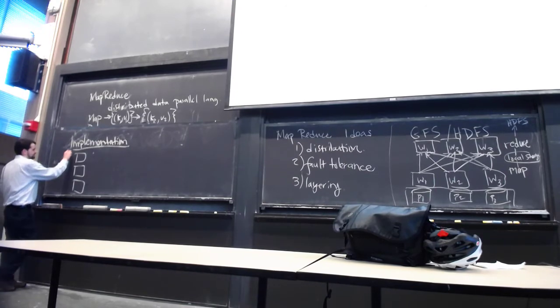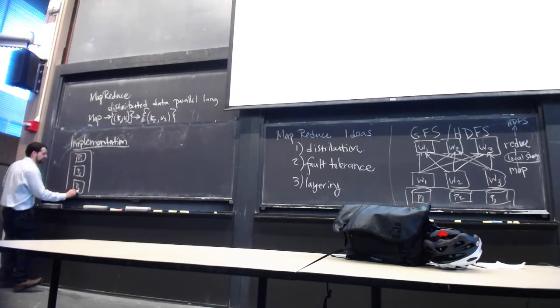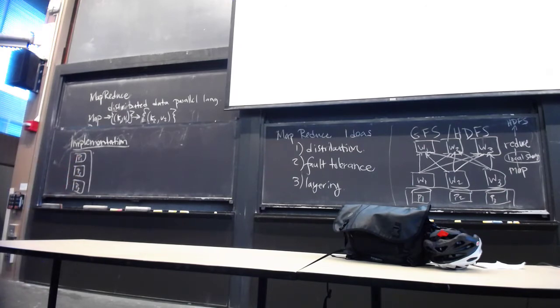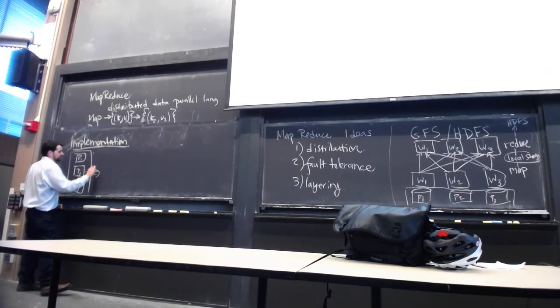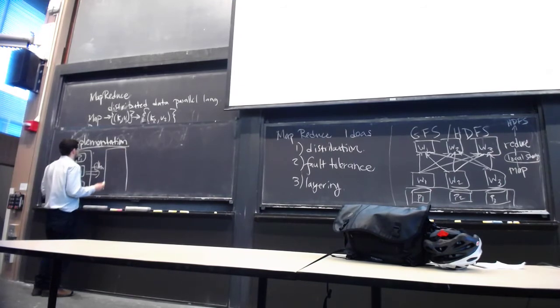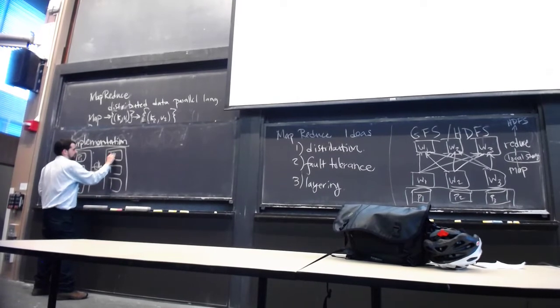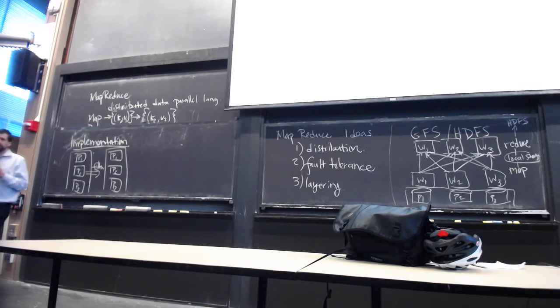Imagine a data set that contains three partitions, P1, P2, P3. This might be my errors. I can apply something like a filter, and what that filter will produce is a collection of new partitions, again P1, P2, P3, but that have been filtered.